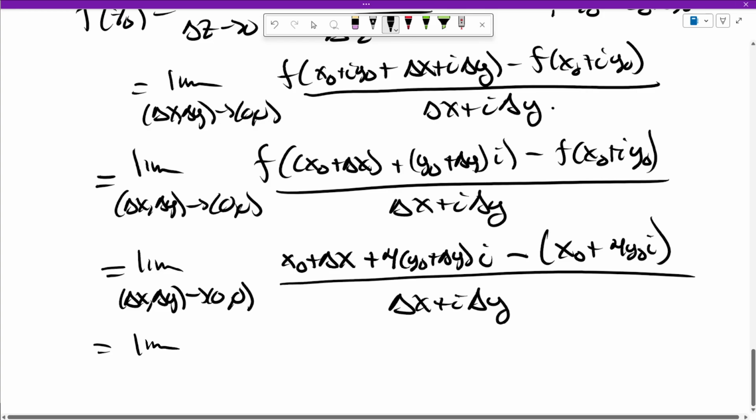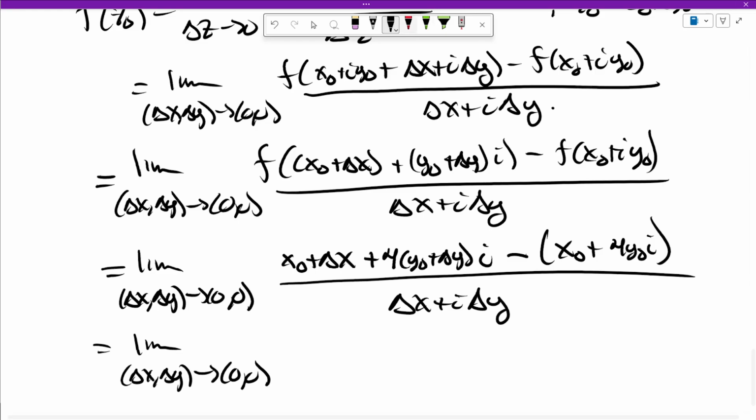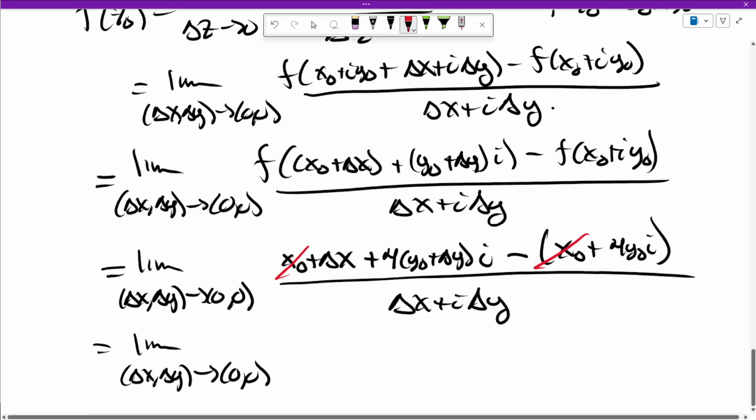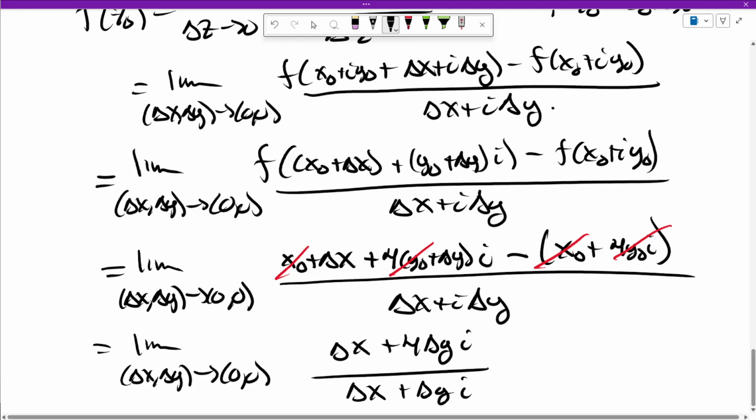Sorry, this is just a lot of writing. None of the algebra is particularly difficult. It's just a lot of writing. Let's do some mental math here. We have an x naught, we have a minus x naught from that negative sign, so that cancels. We have a 4y naught i, and we have a negative 4y naught i, so those cancel. What we're left with is delta x plus 4 delta yi over delta x plus delta yi.